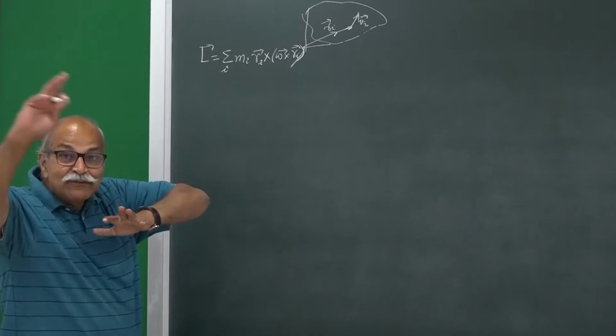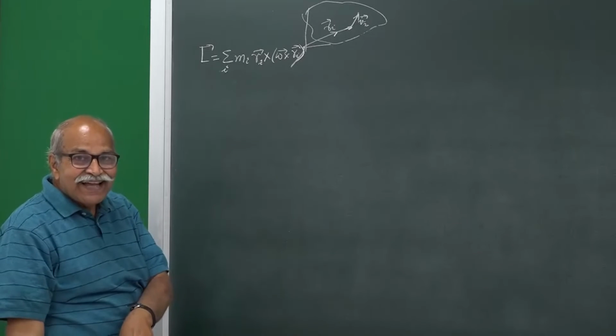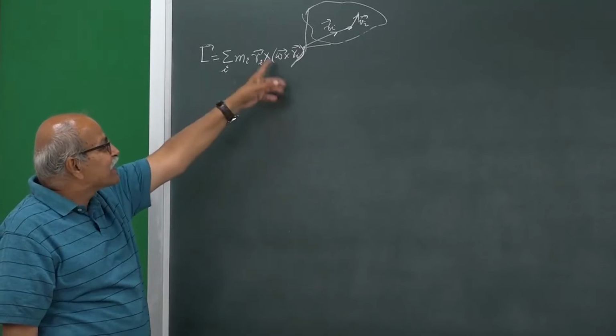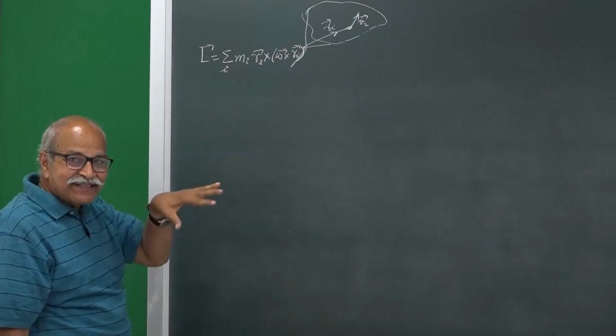Velocity is omega cross r, we are talking of that rotation part only. Any general motion can be decomposed in two parts, translation and rotation, and rotation will have the same omega, translation velocity will depend on which point you have chosen for that reference.